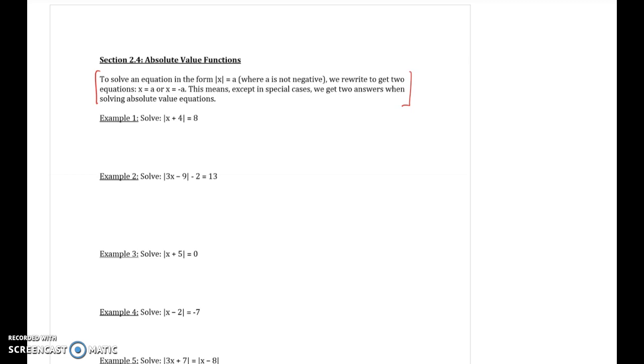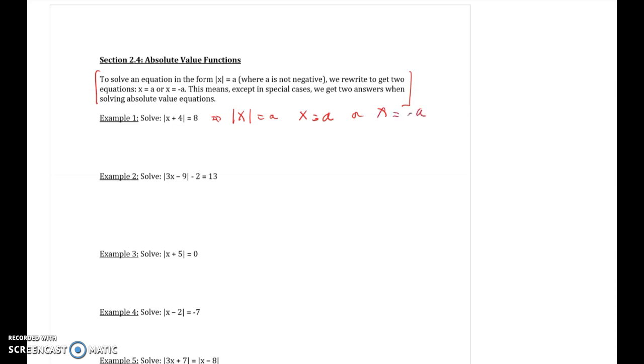When you look at example number 1, you have the absolute value of x plus 4 equal 8. That should remind you that when the absolute value of an algebraic expression equals a, the algebraic expression equals a, or the algebraic expression equals negative a.